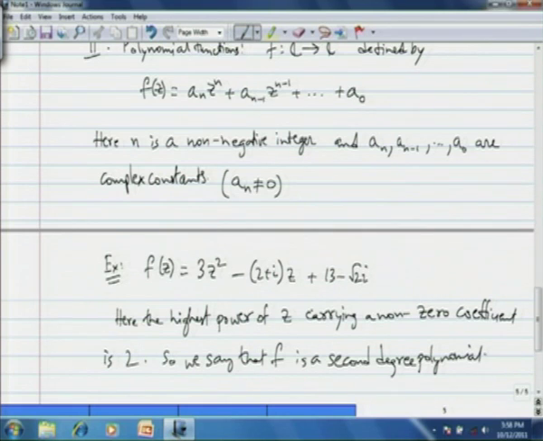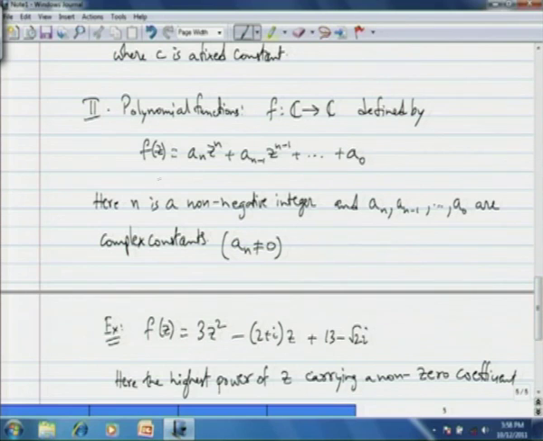So, in general the highest power of z which has a non-zero coefficient is called the degree of that polynomial. Okay. So, in the case of this generic presentation f of z here, we say that the degree of this polynomial is n. Okay.